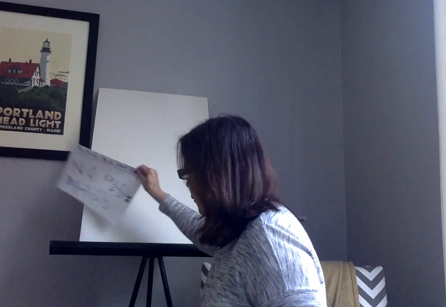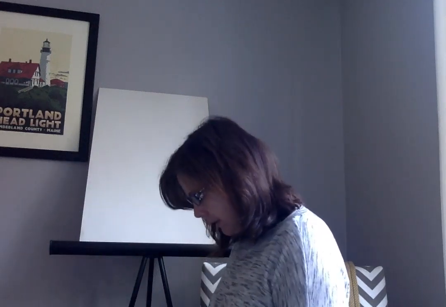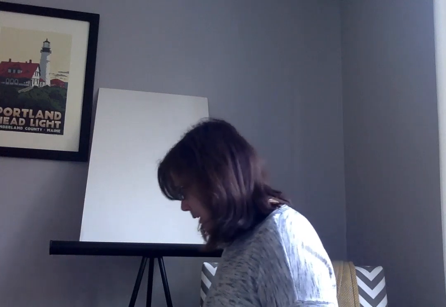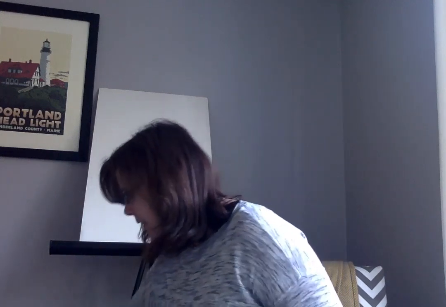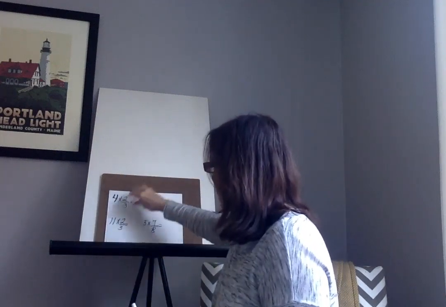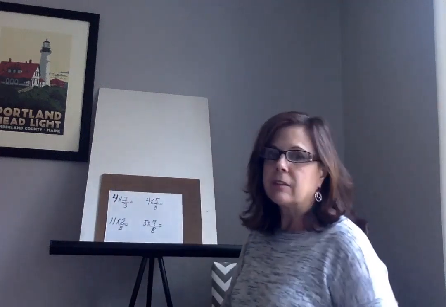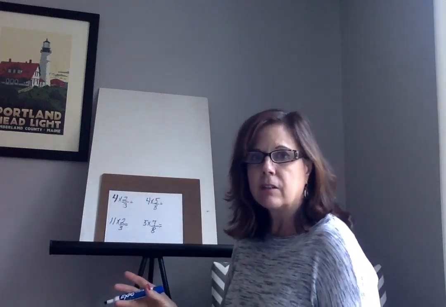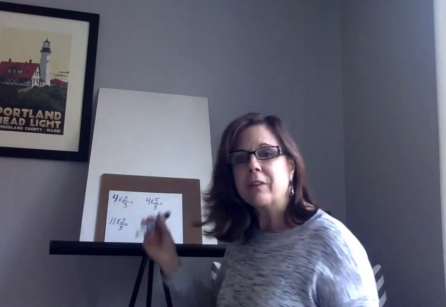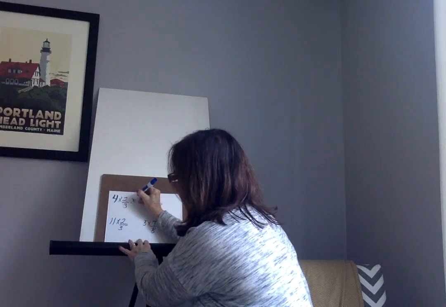So now we're going to move into this one, and this is multiplying by numbers that are not unit fractions. I'm going to put that up there just to give it some anchor. Okay, so we have the first one, 4 times 2/3. Well, 2/3 is not a unit fraction because it doesn't have 1 as its numerator. But we do it the same way. So we're going to say 4 times 2 is 8.